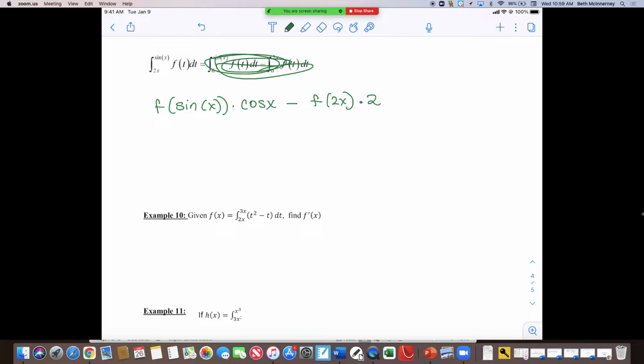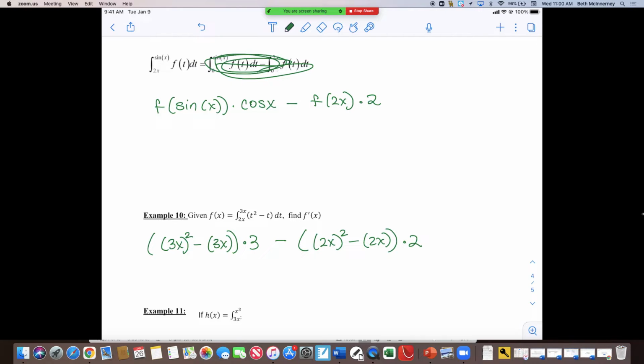So then I replace the t with 3x, and then I have to employ the chain rule and take the derivative of the 3x, minus the same thing with the bottom. So this will be 2x squared minus 2x times 2.